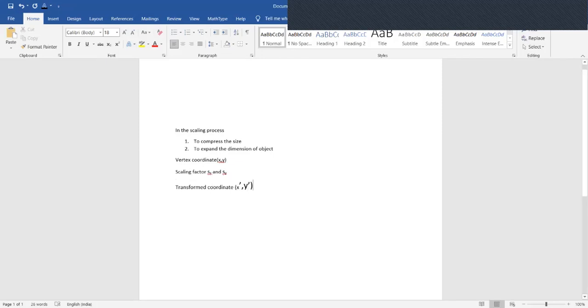This is the terminology: earlier the vertex coordinate was x, y, and after the transformation it becomes x dash and y dash. So this is the transformed coordinate.